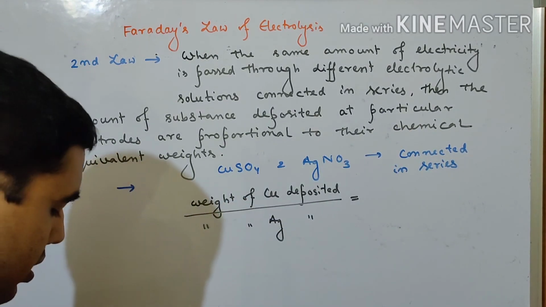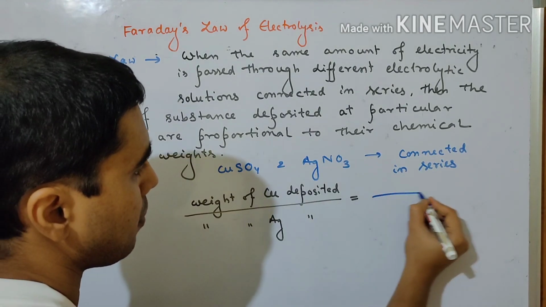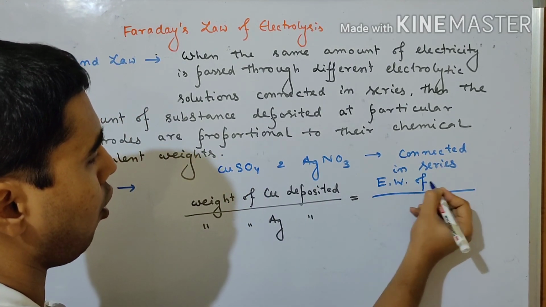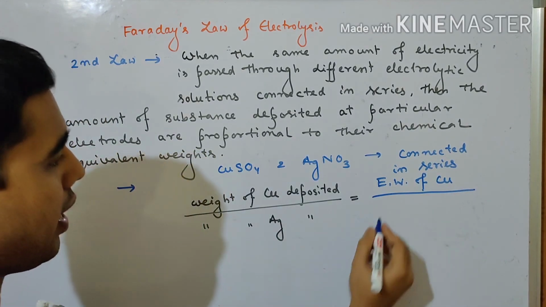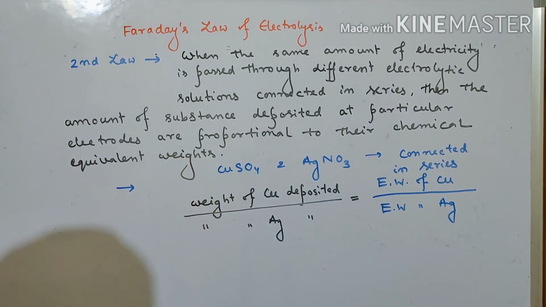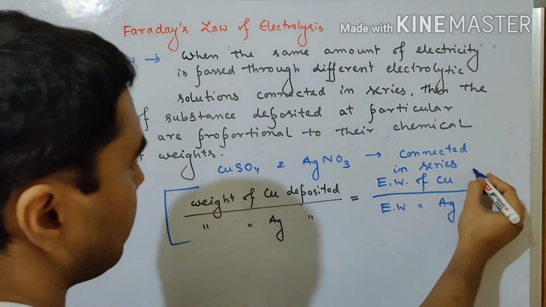So it should be equal to equivalent weight of copper over equivalent weight of silver. And this is the formula that we are going to utilize.